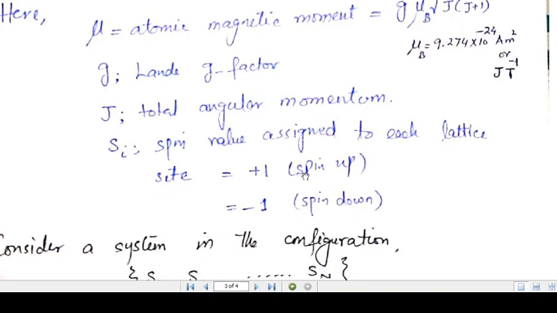As we see, the spins can either occupy a site with up spin, or occupy a site with down spin. So if a site is occupied with an up spin, then the value of s i will be equal to plus 1. And if it is down, then it will be given a value of minus 1.